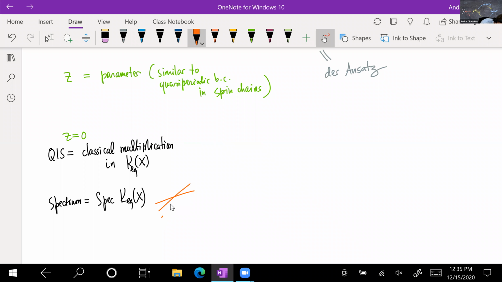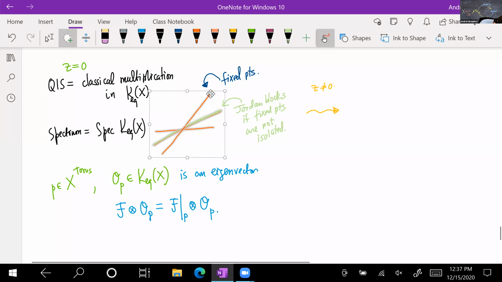And if I now turn on this deformation with z not equal to 0, then this picture will deform into some interesting equation. So let's say this line was double, and maybe it looks like that, and that sort of thing. So this is the deformed scheme. These are the Bethe equations.